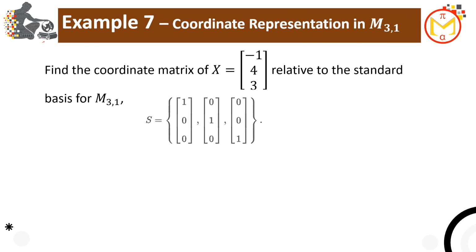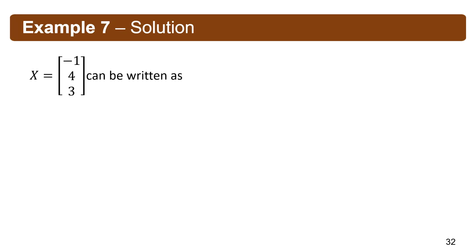Another example, find the coordinate matrix of x equals negative 1, 4, 3 relative to the standard basis for M sub 3, 1. So we have 1, 0, 0, 0, 1, 0, and 0, 0, 1 for our solution.